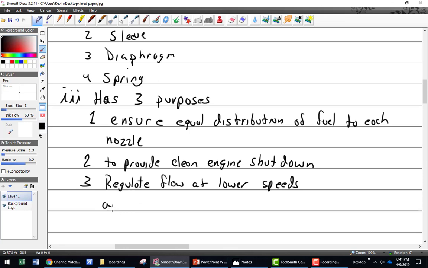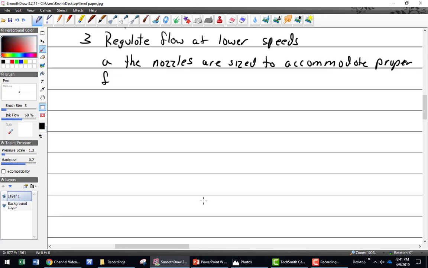The nozzles are sized to accommodate proper fuel flow at max power.